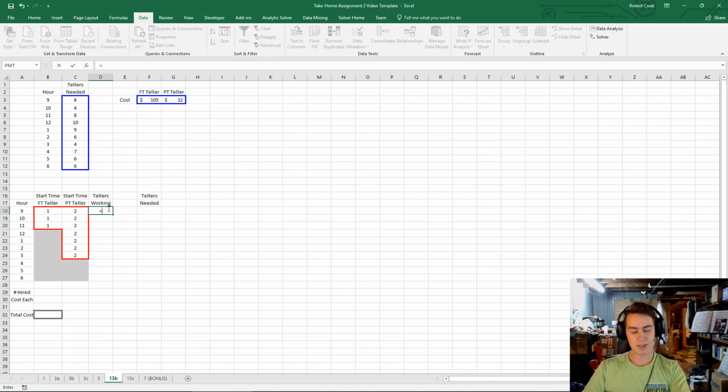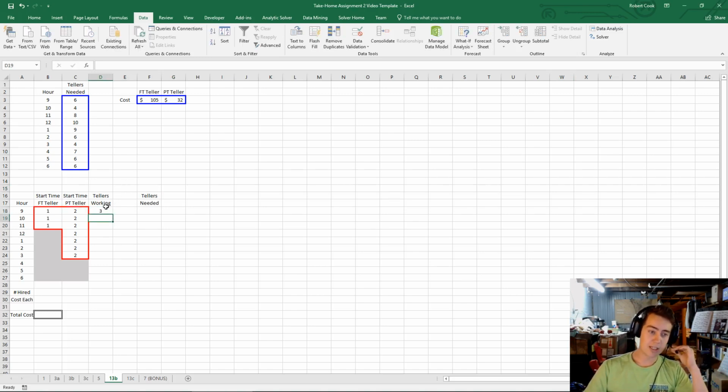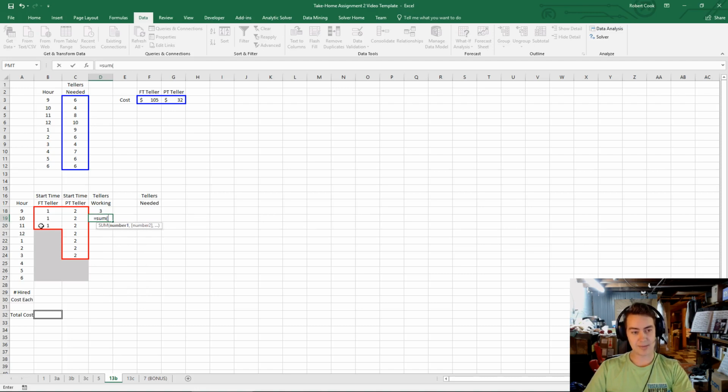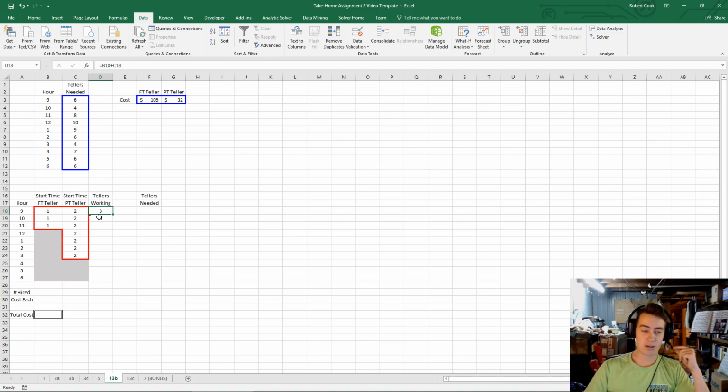At first, it's actually pretty easy. The people working in the first hour, 9 o'clock to 10 o'clock, are of course the ones that started working in that time. And we can add together the ones that we have starting plus the previous period, because those three before are still working, and we've added on 3 more.